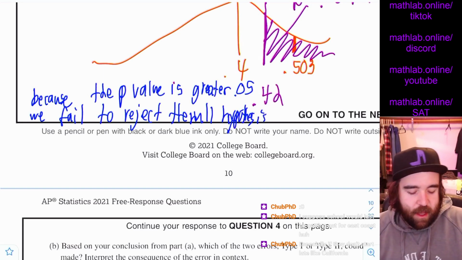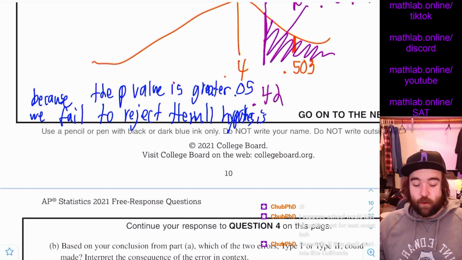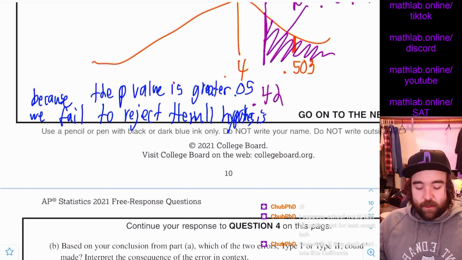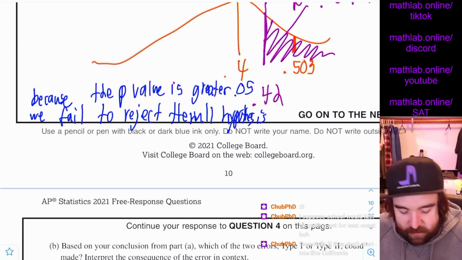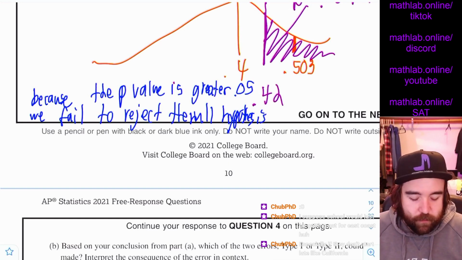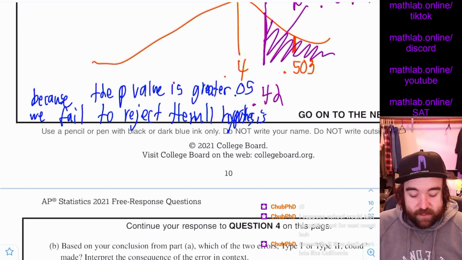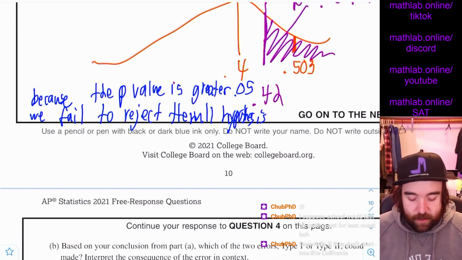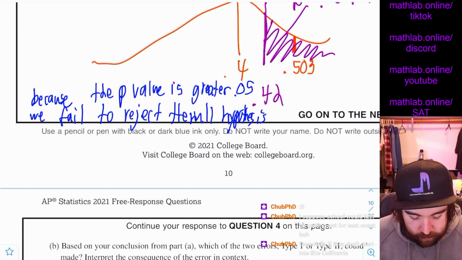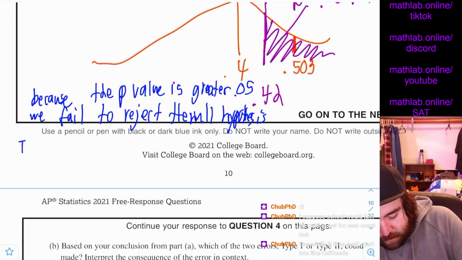It's saying if the actual answer was 0.4, the probability that we got that result is like 34%. That's very likely. 1 out of 3 times we're going to get a result like that if the actual value is 0.4. So there is no evidence to show that it's actually higher than 0.4, even though in this case it was higher than 0.4. So we failed to reject the null hypothesis.